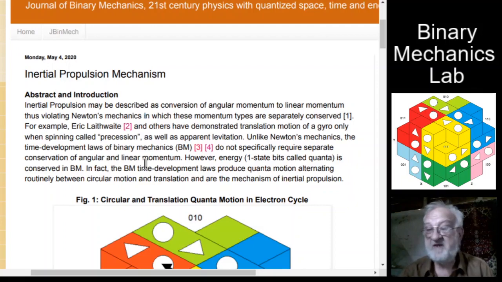Today we have a very interesting topic, the inertial propulsion mechanism, featured in the free online Journal of Binary Mechanics.